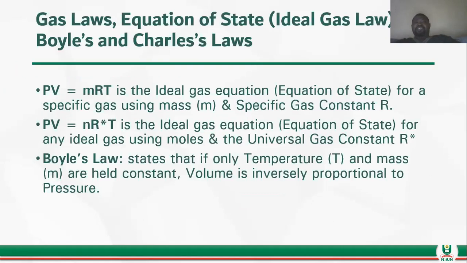So let's start with gas laws. Equations of state, that is the ideal gas law, and then Boyle's and Charles' laws. Now, the equation of state, the ideal gas equation, is given by PV equals mRT, where P is pressure and V is volume, m is mass, R is the specific gas constant, and T is temperature.